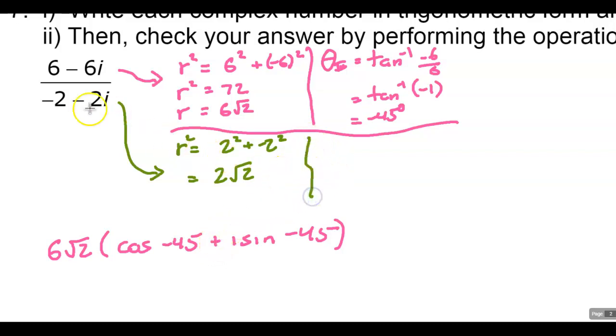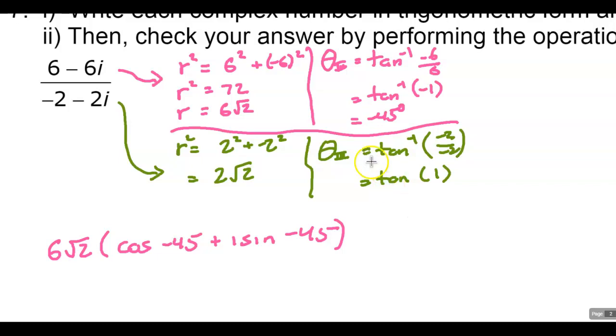And our angle, once again, we can see negative and negative, so our angle is in the third quadrant, right? Arctangent of -2 over -2, which is just arctangent of +1, right? So we're dealing with a 45-degree angle in quadrant 3, right? 45-degree angle in quadrant 3 is going to be 225.